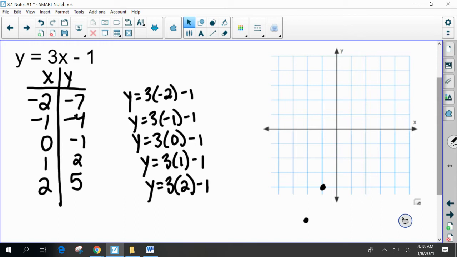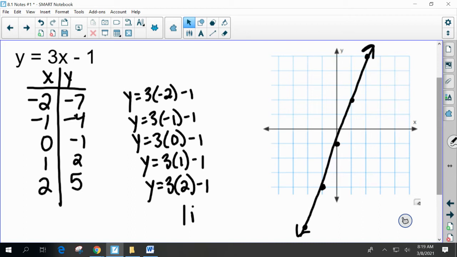Down 1. 1, 2. Right 1, up 2. 2, 5. Right 2, up 5. And then we're going to connect it, and put arrows at each end. And is this a straight line? Yes. So this is linear.